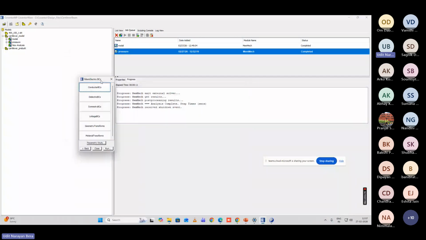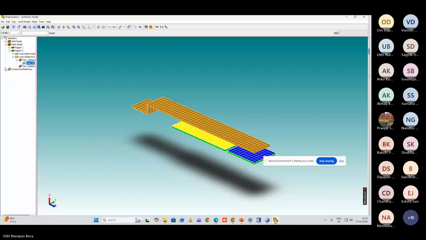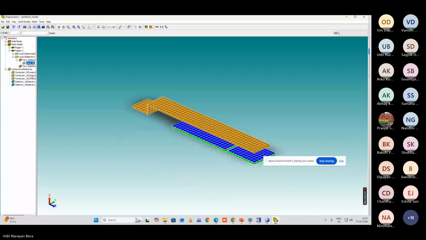So for that, let me show you the meshed model once again. Here, if I choose the face, yes, conductor 1 is your actuation electrode, and conductor 2 is your sensing electrode.